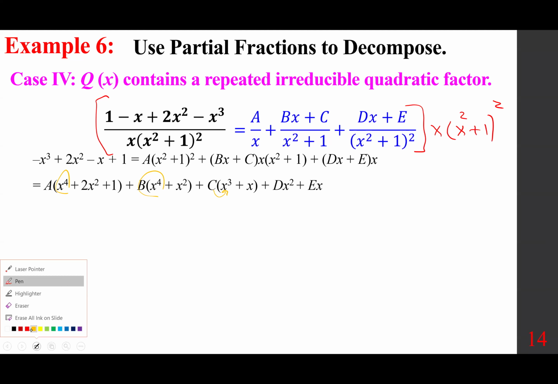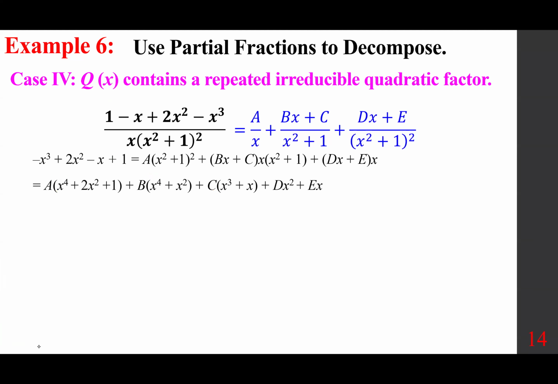Now x squared. Let me erase my work and use a red marker. So I'm interested in x squared. I want to collect terms. So I need 2a, I need b, and I need d. 2a plus b plus d times x squared.